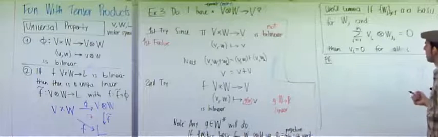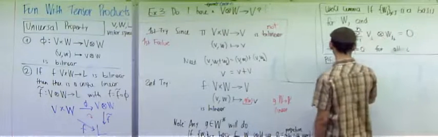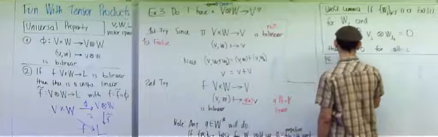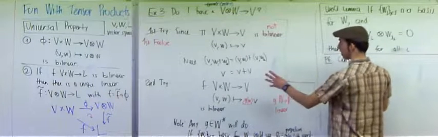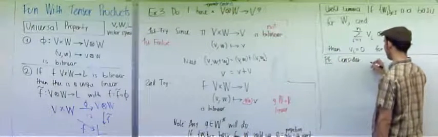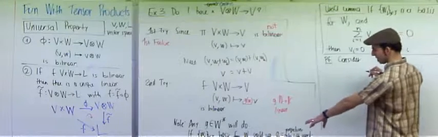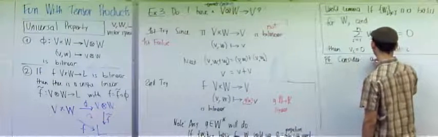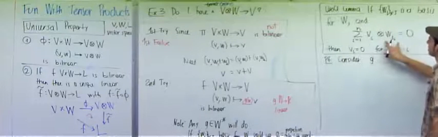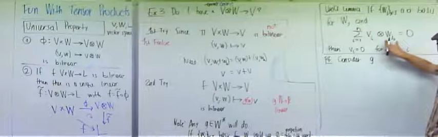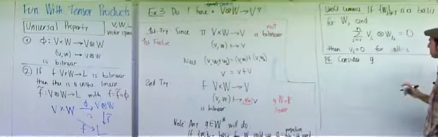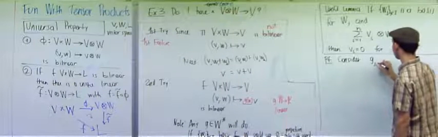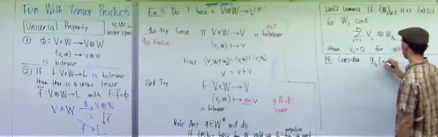The way I'm going to do it is that I'm going to consider the function g_j that just projects to this coordinate.